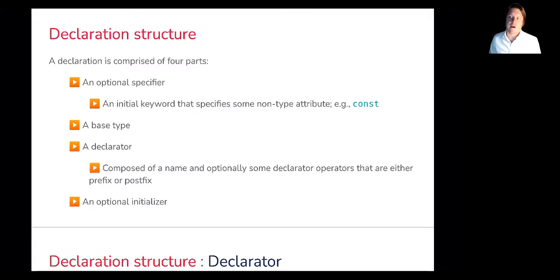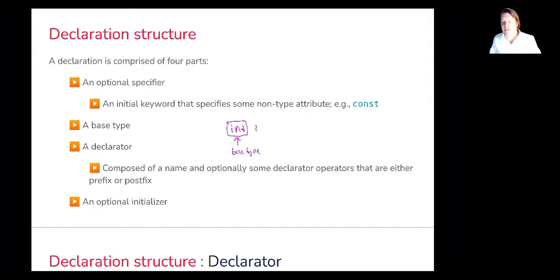We'll also see later on there's virtual, extern. There's a number of them, but const is going to be the one that's introduced today, in fact. A base type. So in our int I, that is the base type of the object being created.